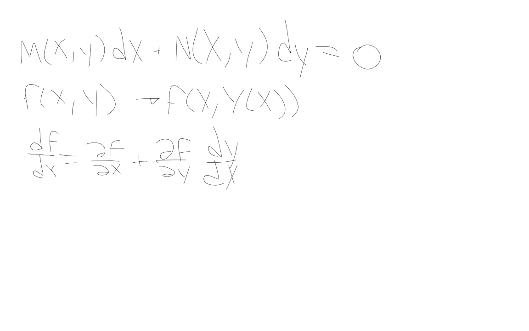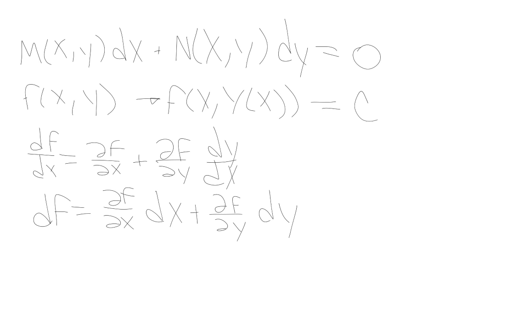And if I multiply the dx's out, then I get that df equals partial f with respect to x times dx plus partial f with respect to y times dy. And a lot of times your function f of x, y will be set equal to some constant, and then the differential of a constant is simply 0.